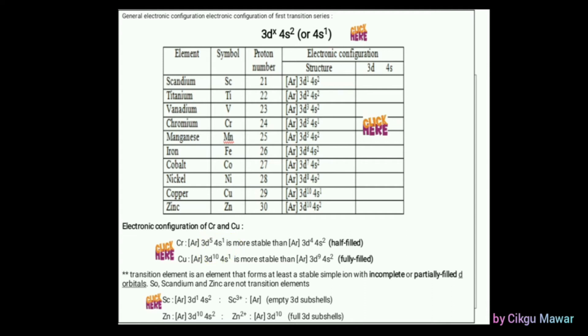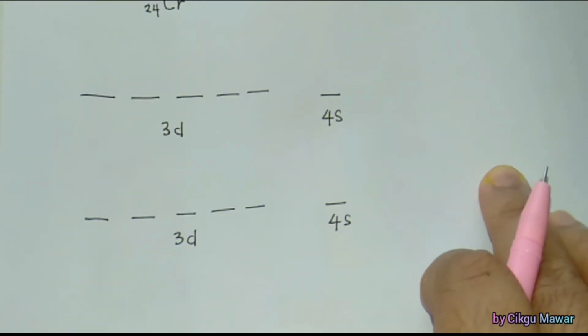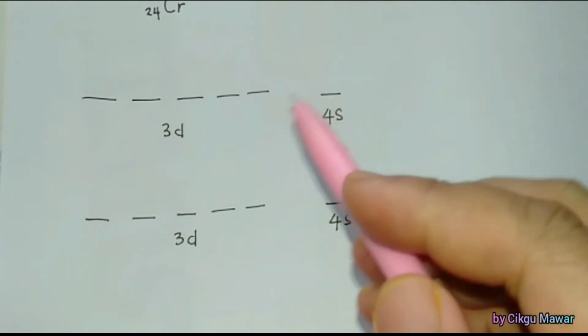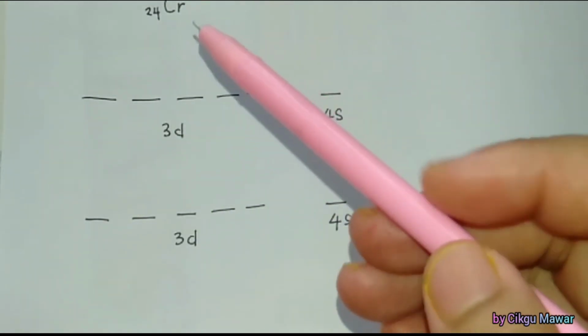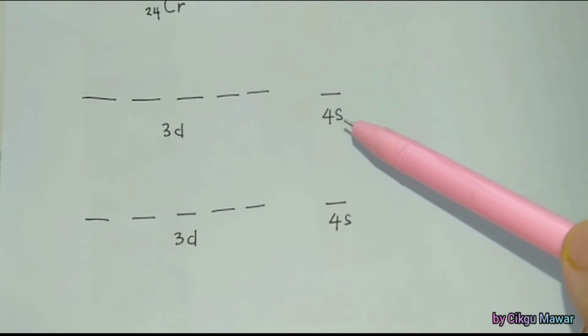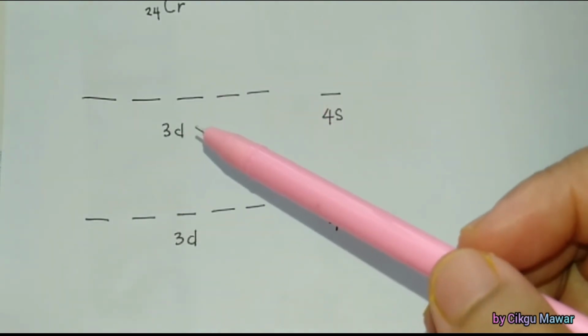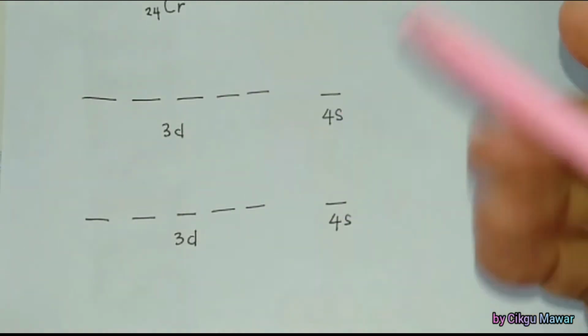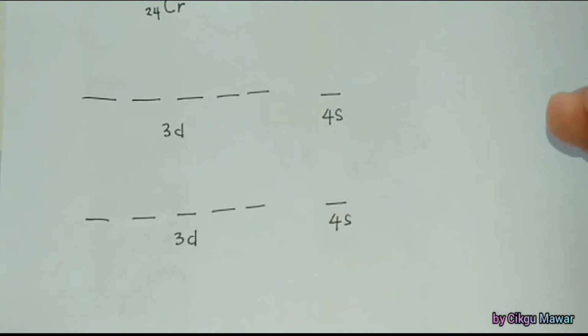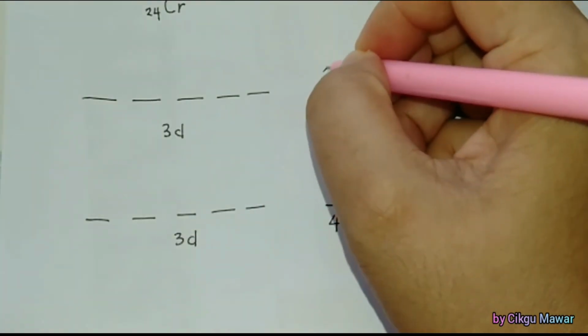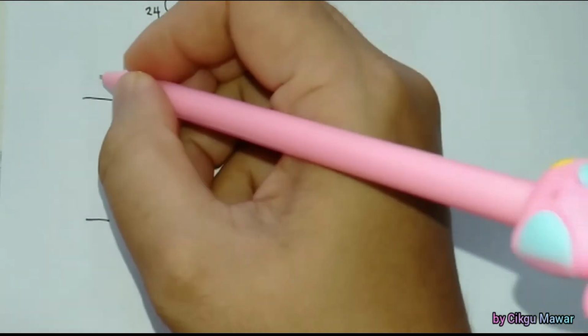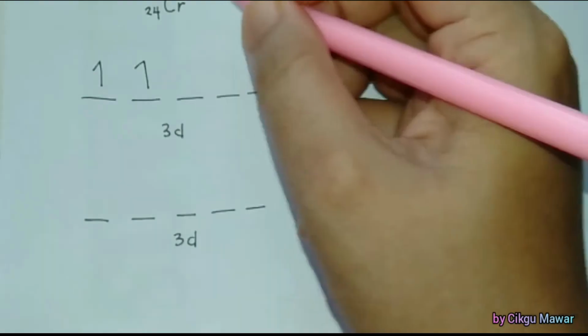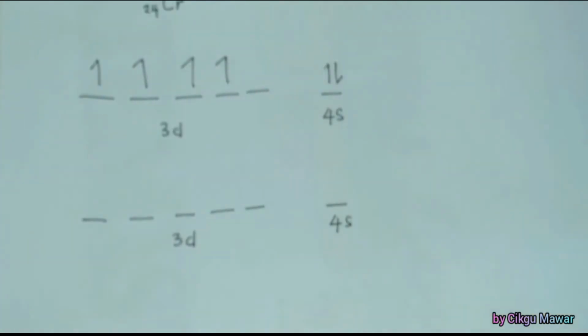Now let me show you how to write the electronic configuration. In writing the valence electronic configuration of chromium, supposedly we must fill up the 4s orbital first, followed by the 3d orbital. So chromium has 18 from argon, and then 19, 20, 21, 22, 23, and 24.